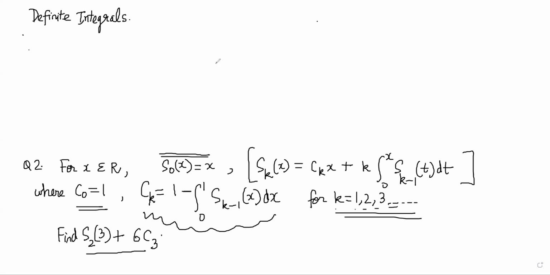So what are they given? They have given S0 of x is x. Let's try to think about what is S1 of x. S1 of x would be, we are putting k is equal to 1. So it should be C1x plus, k is 1, so 0 to x, S of 0, no? 1 minus 1, right?